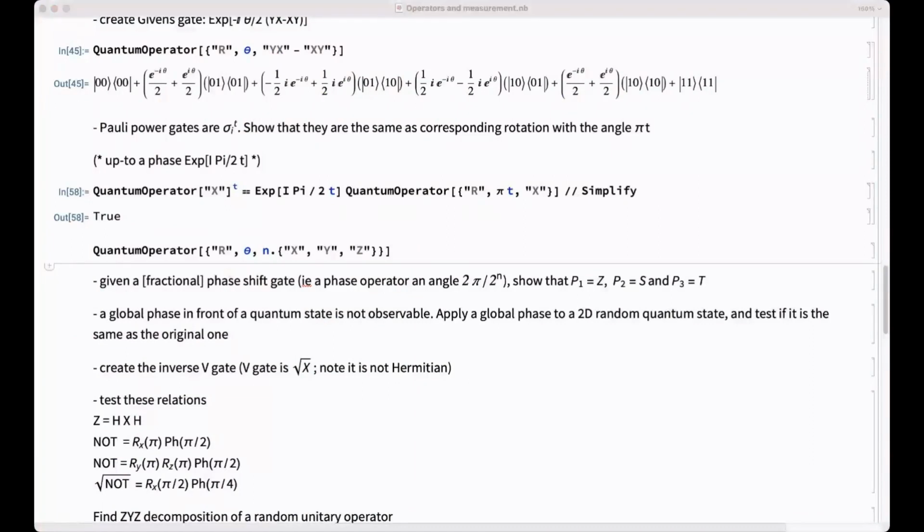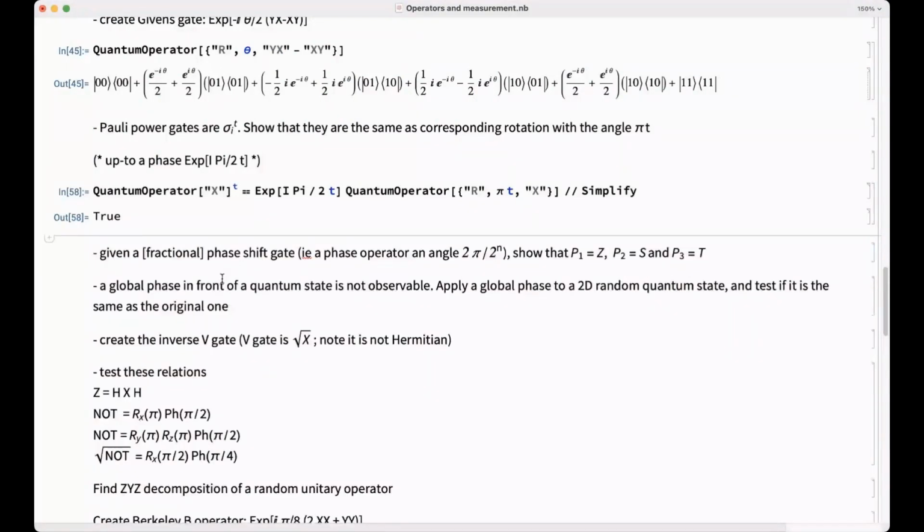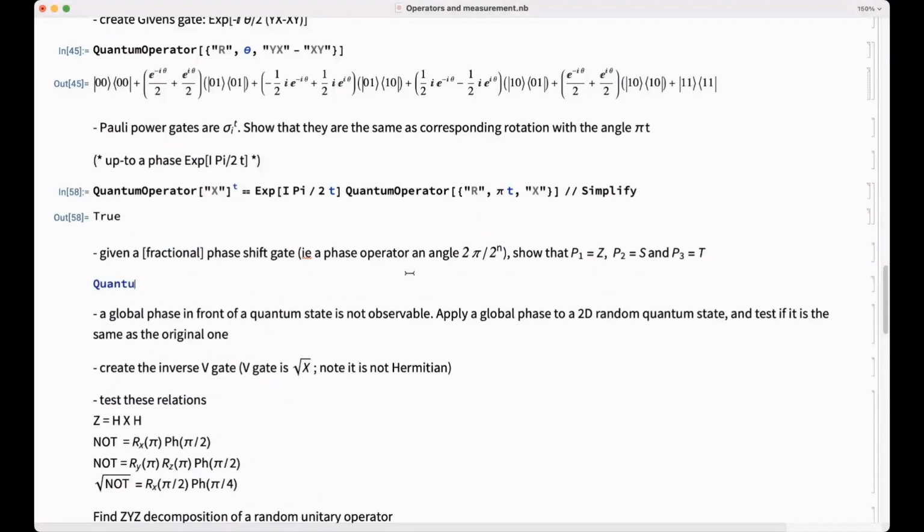Okay. Let's see another interesting thing that you would see among all the operators in the literature. Sometimes they call it the fractional phase shift gate, which is basically a phase operator with angle 2 pi over 2 to the n. So how can we do this?